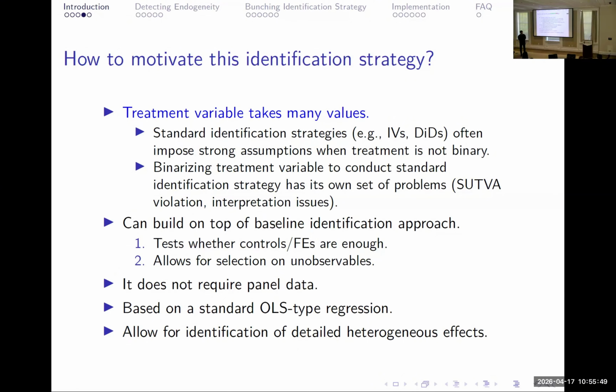Because if you think about it, most identification strategies that we're used to, like IVs or diff-in-diff, have assumptions that become very strong once you allow for the treatment variable to not be binary. In fact, most papers actually speak about how strong those assumptions can be. And so a typical situation, of course, is that you focus on asking important binary questions.